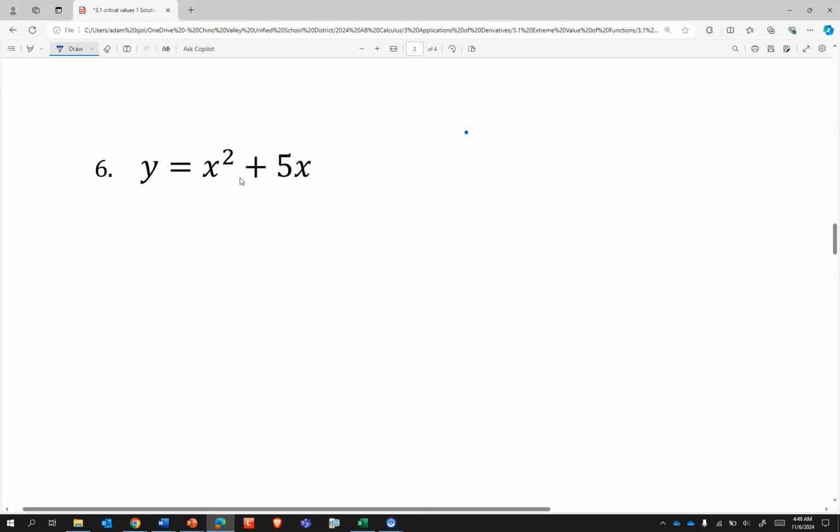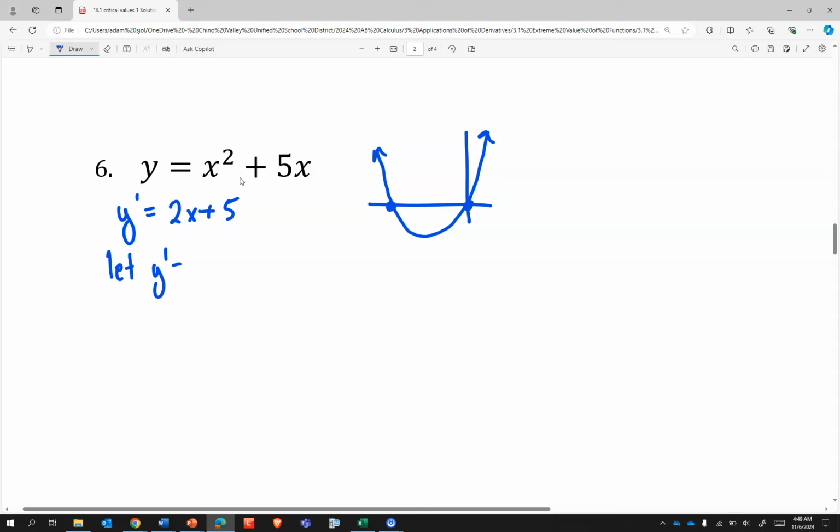Okay, a parabola. And this parabola has a 0 at -5, another at 0. So we should be expecting a critical value at -2.5. So hopefully these derivatives are easy. X squared plus 5x is a polynomial. All polynomials are continuous and differentiable everywhere.